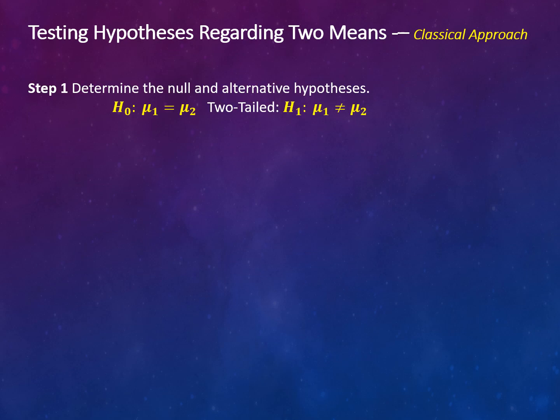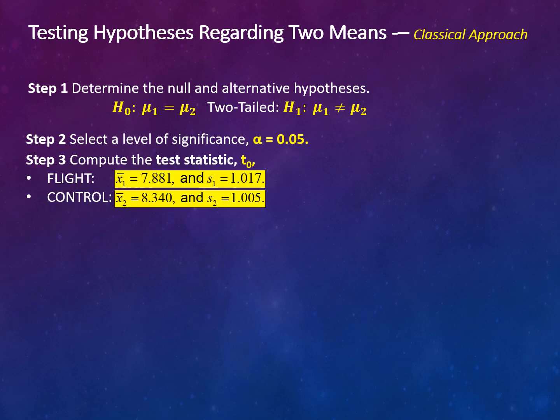The first step is to determine the null and alternative hypotheses. In this case, we know that the null regarding two means is always that they're equal, and since our hypothesis is about those values being different between the flight and control groups, this is a two-tailed test. Our level of significance is 0.05, and so the first thing we need to calculate is the test statistic.